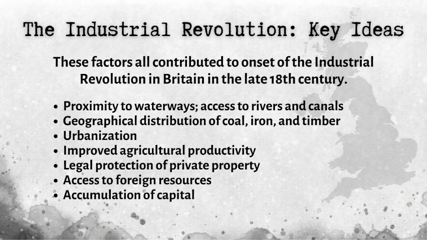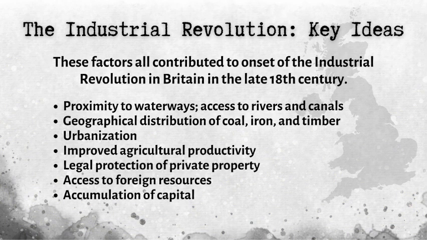Okay, and so that takes us to the Industrial Revolution key ideas. Before I go over the key ideas, just a reminder, in your packet there is an SAQ practice. I'd like you to complete that as well. That is part of your reading guide. So the first question, I want you to explain one way in which Britain's natural geography facilitated the beginning of the Industrial Revolution.